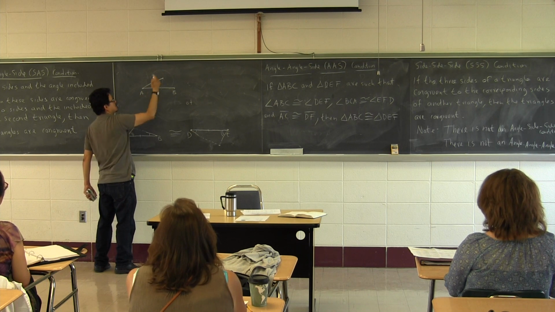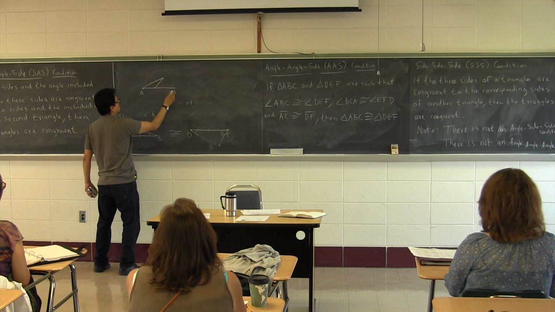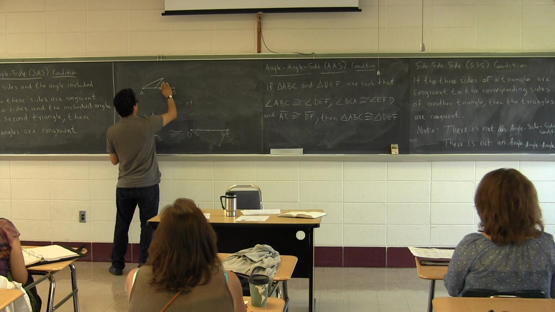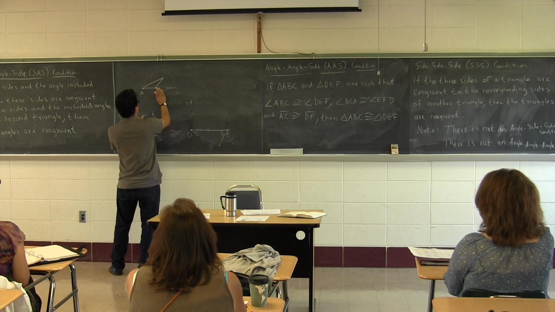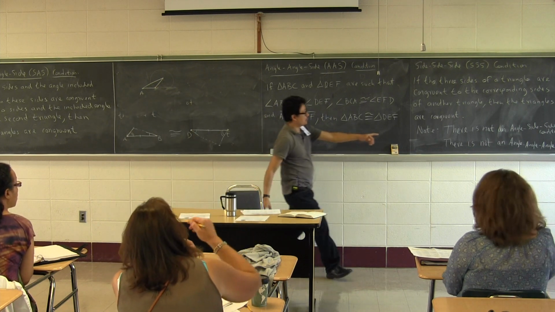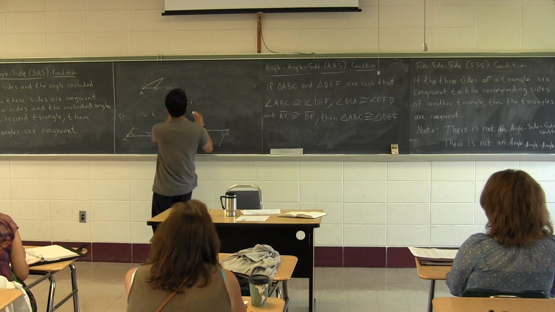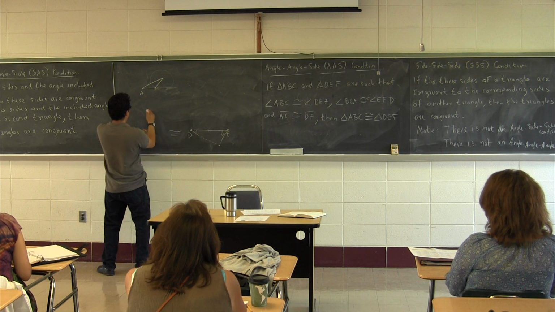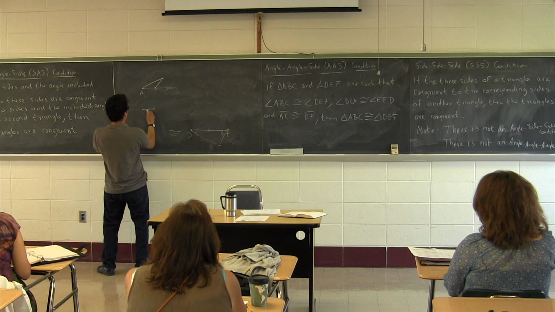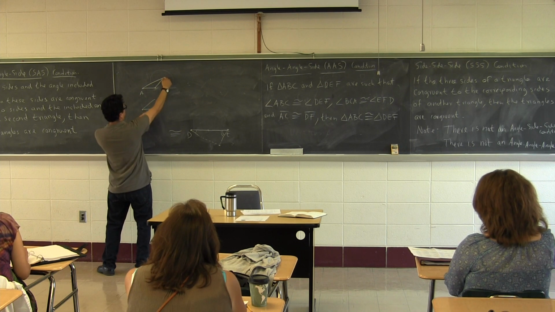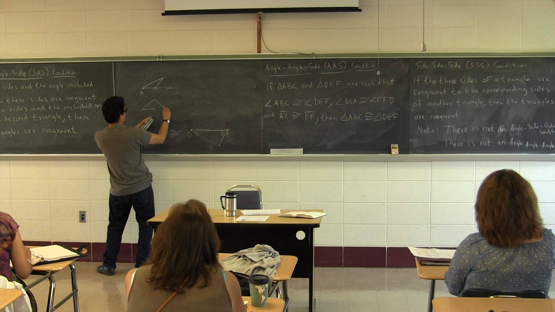Because this is a circle, this is the radius. So here we have an example of an angle side that doesn't work. Exactly. Sorry. And then we have this. So I'm just copying this picture, but now I'm going to use this side here.